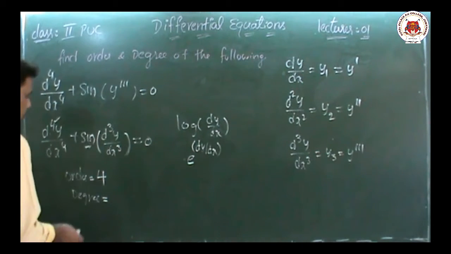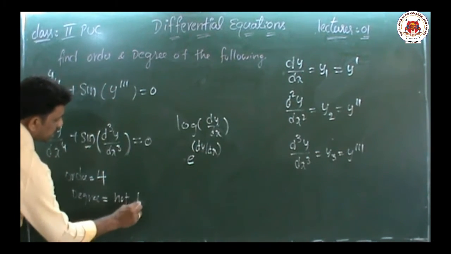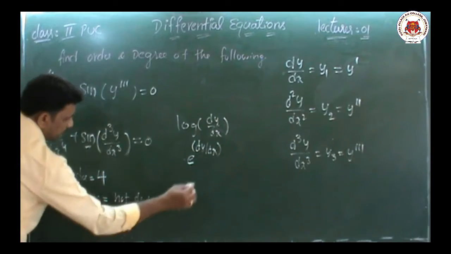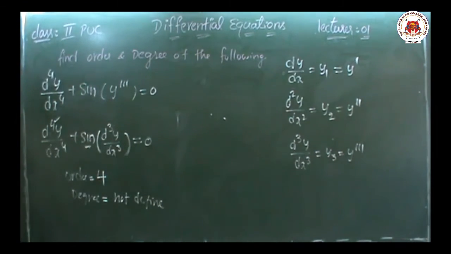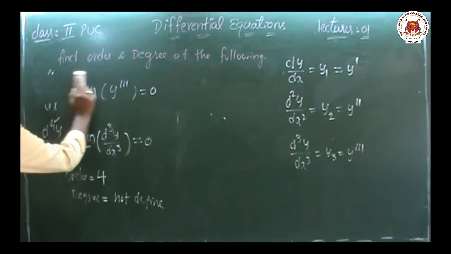So here what is the degree? Degree is not defined. So children, the highest differentiation is 4 times, so order equal to 4, but degree is not defined, because this is not a polynomial. Why? Because this trigonometric function has the differentiation. This is the first question.